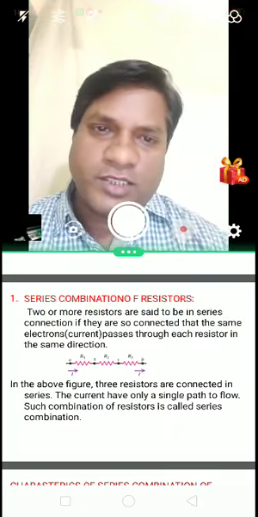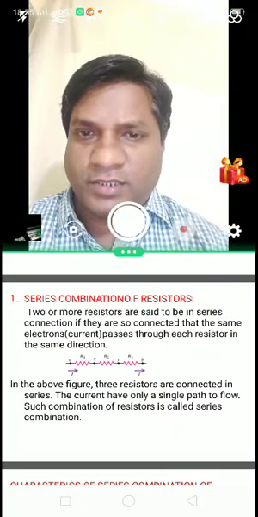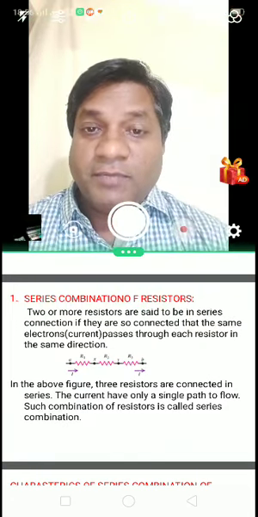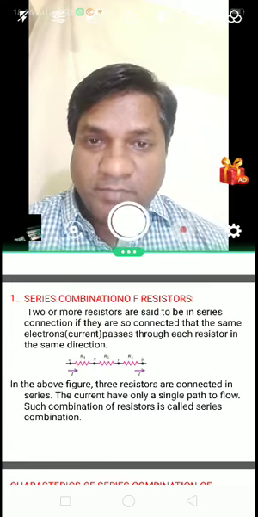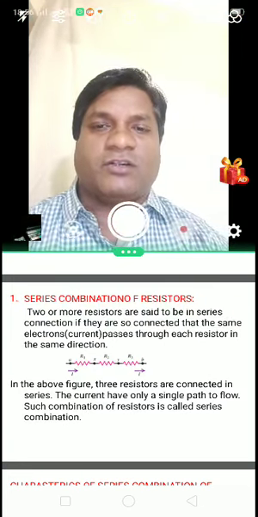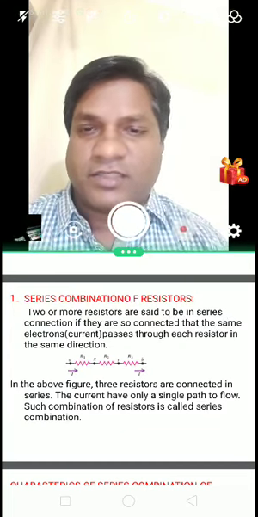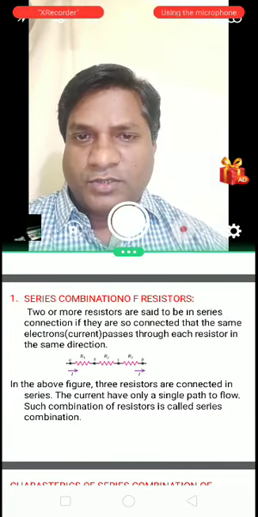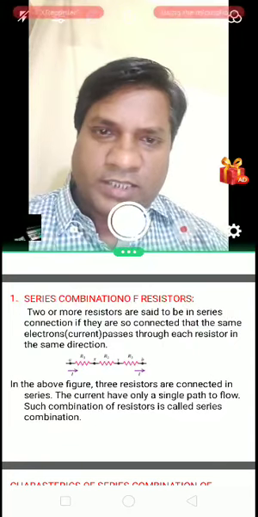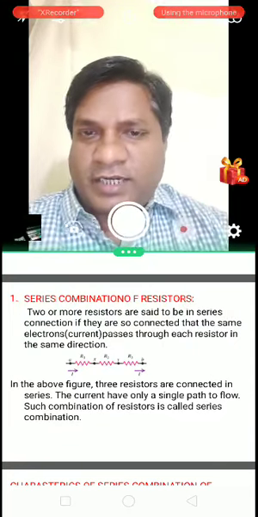Two or more resistors are said to be in series if they are so connected that the same current, that means the same set of electrons, passes through each resistor in the combination in the same direction. You can see the diagram here. R1, R2 and R3, three resistors, are connected end to end.